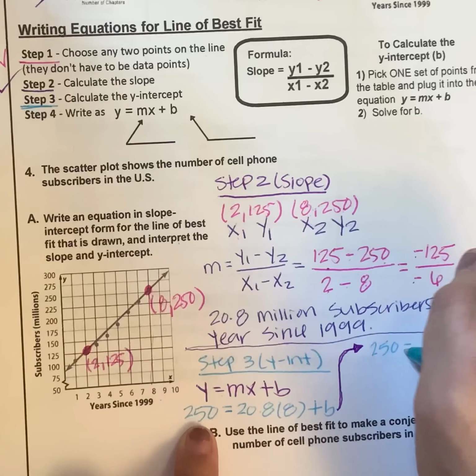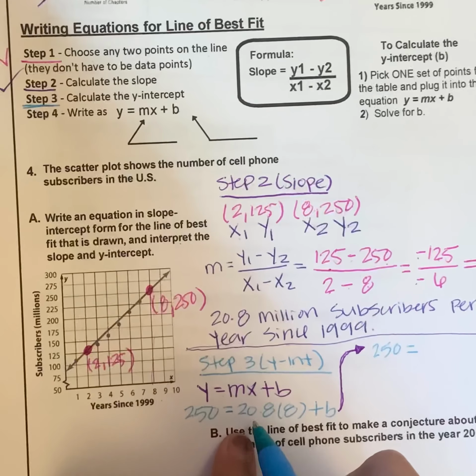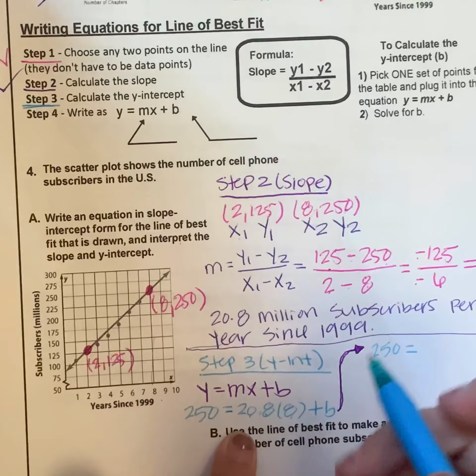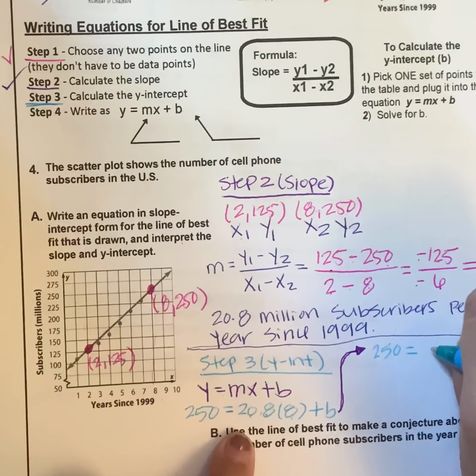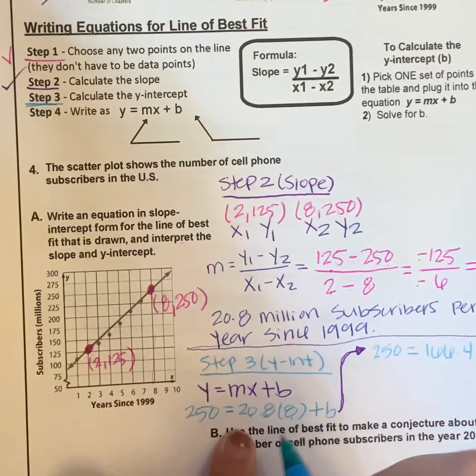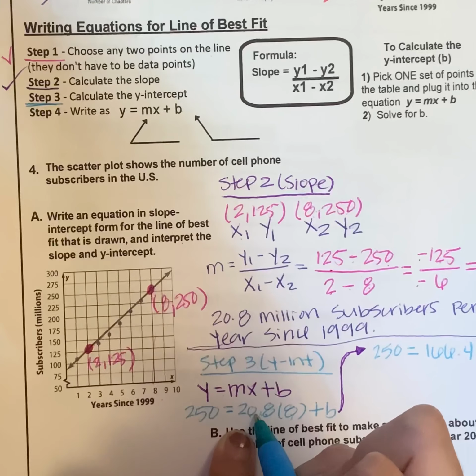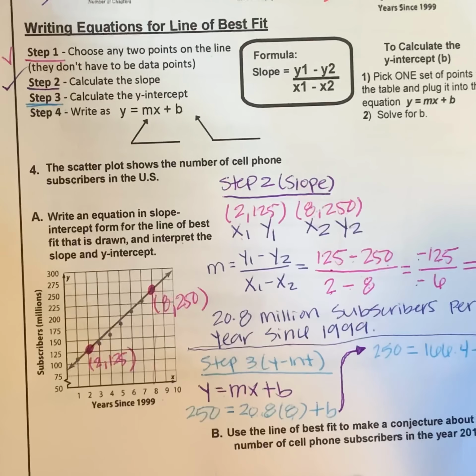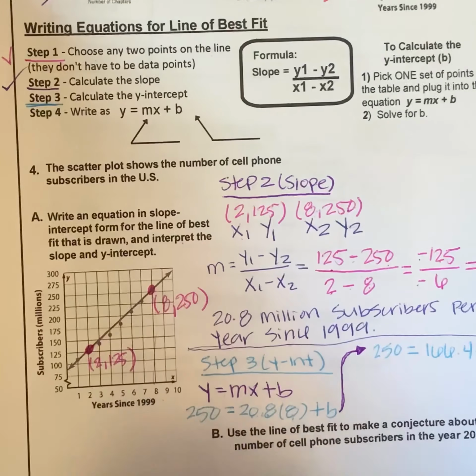And if you go ahead and use your calculator to multiply 20.8 times 8, you will get 166.4. So I calculated this by multiplying them together. And then once again, I'm going to leave my b value because that's what I'm trying to find.